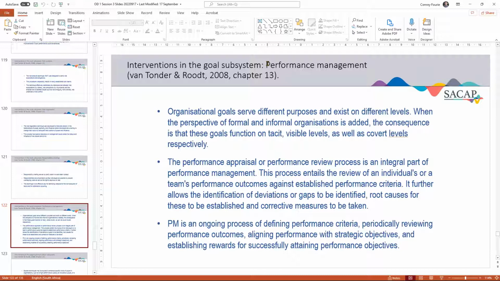And among others, a revised performance management plan, process, or system might have been a useful element.